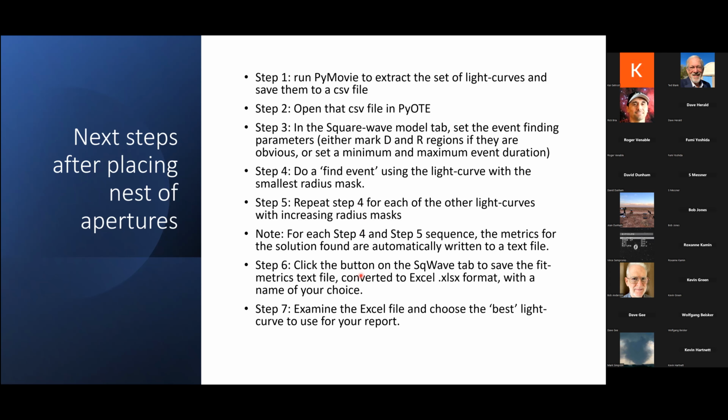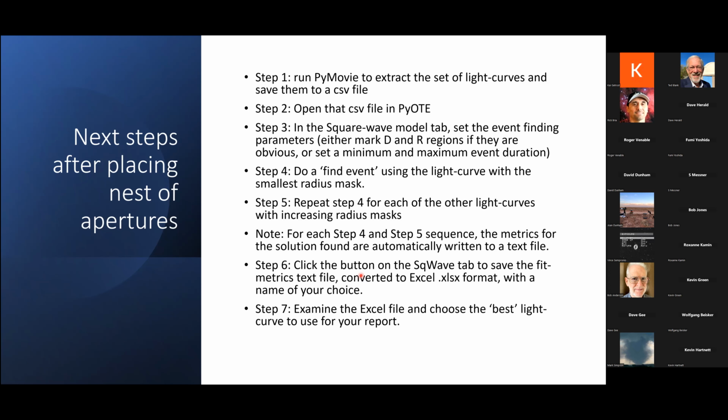Finally, when you've gone through all of those 12 masks, you click another button and it will convert that text file to an Excel file, and you can name that whatever is convenient at the time. And in step 7, you're going to examine that Excel file, and you're going to do the hard part. You're going to choose the best light curve to use for a report.